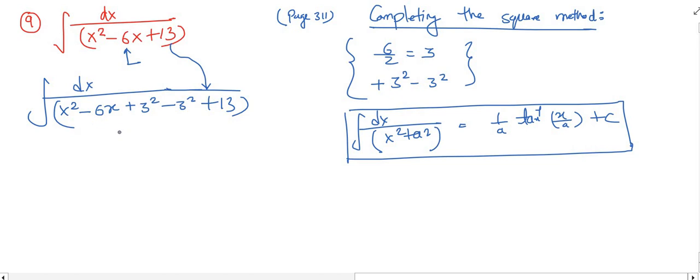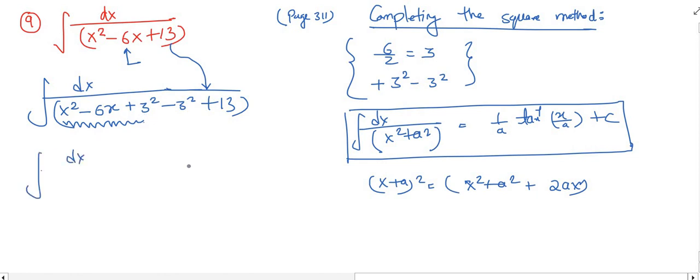Now see carefully, if you notice this part is resembling something. You remember x plus a square is what? X square plus a square plus 2ax. So isn't it matching this whole square term, x minus 3 square, because this is minus 6x.